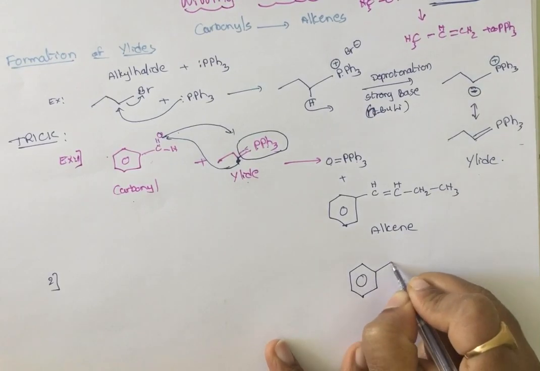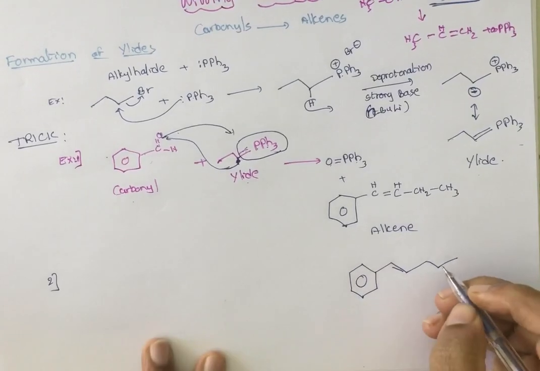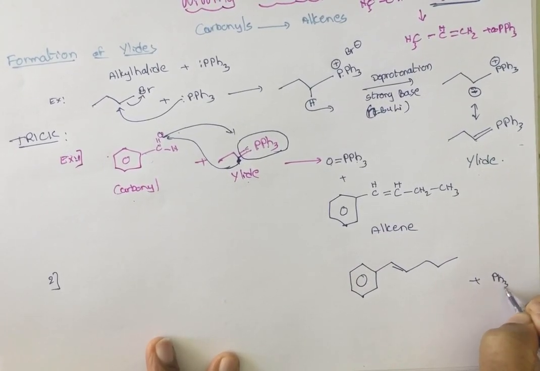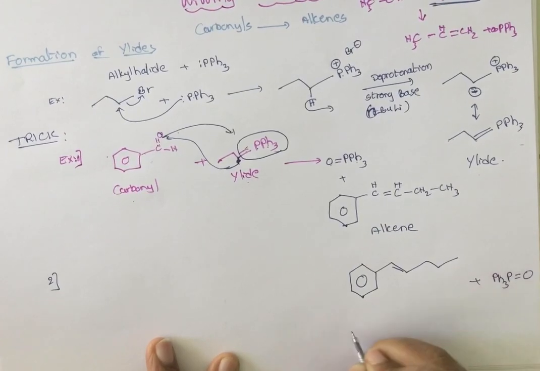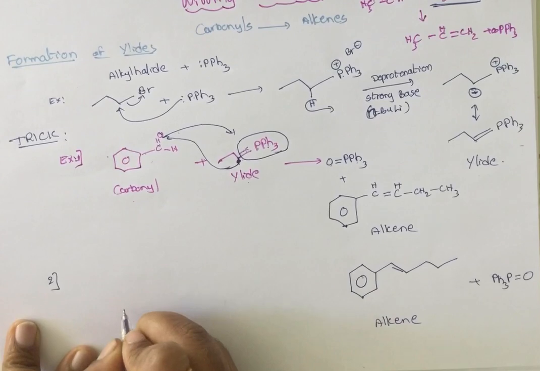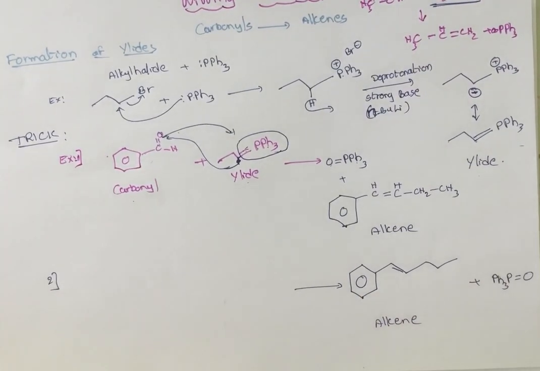They give a product. This is the product, plus triphenylphosphine oxide. This is the alkene and this is the oxide. They are asking you to find the reactants. How can you find out the reactants?